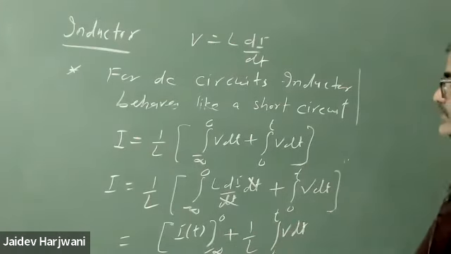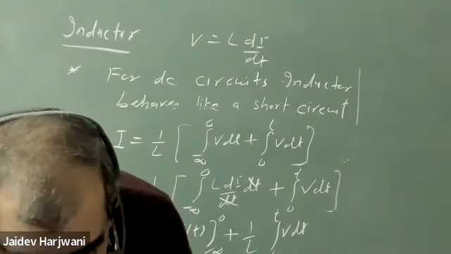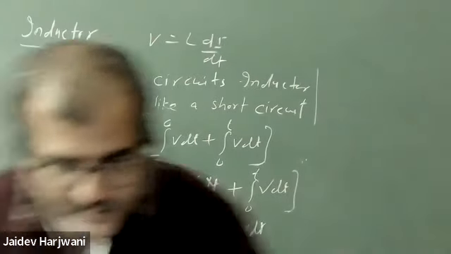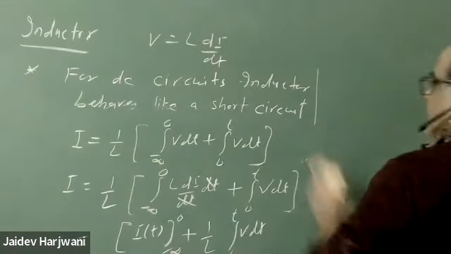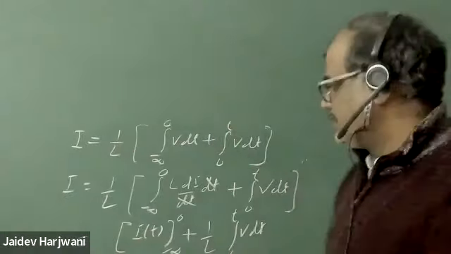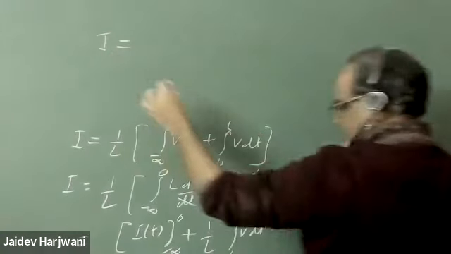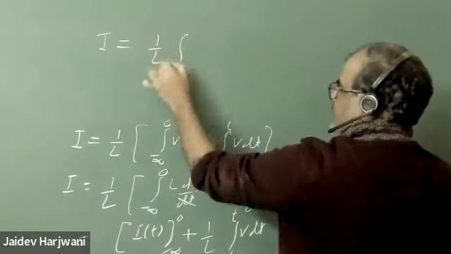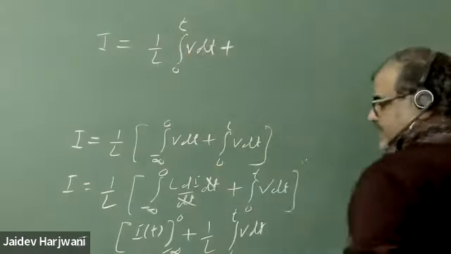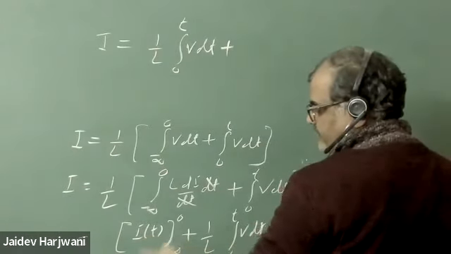Now if I write the formula for this, I equals 1 by L, 0 to t V dt, plus I at t equal to minus infinity, which will be 0.